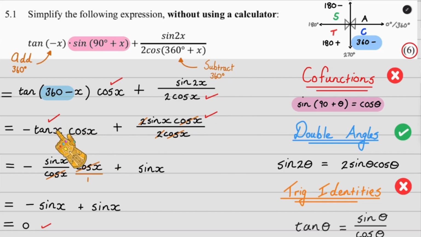The third mark comes from the tan x through reduction. The fourth mark comes from expanding the sine 2x to that, using your double angle identities. The fifth mark comes from changing the minus tan x to minus sine x over cos x with the use of trig identities that you should have learned in grade 11. And the last mark comes from the final answer of 0.